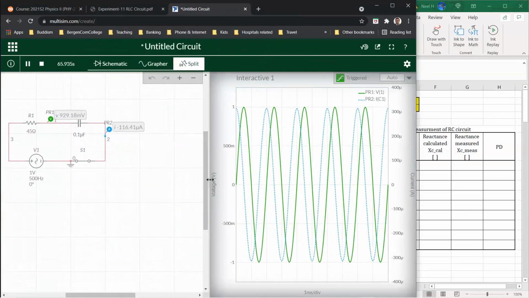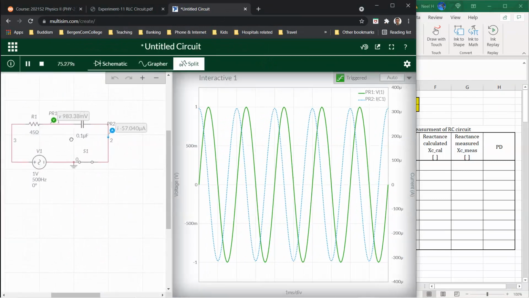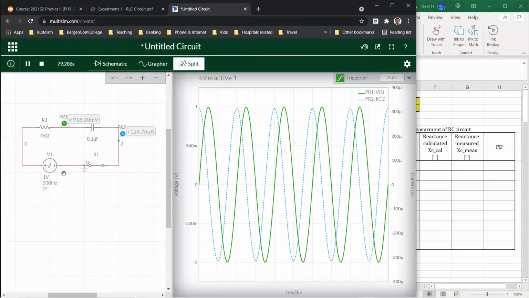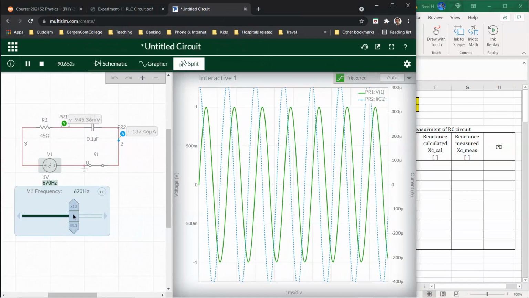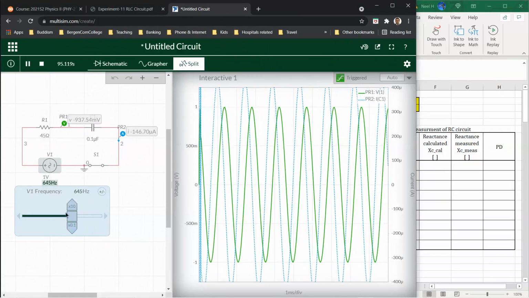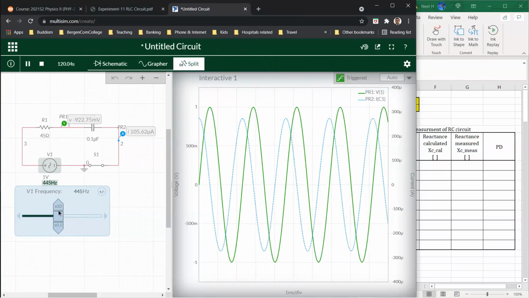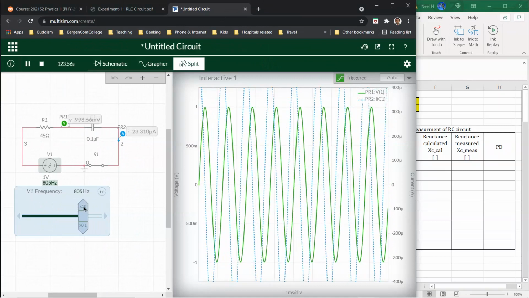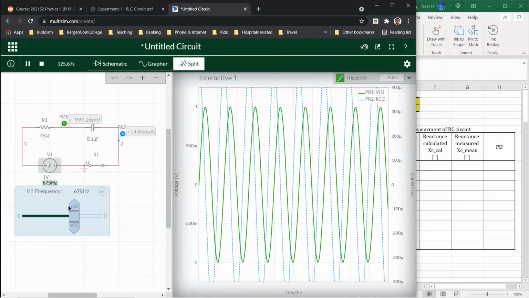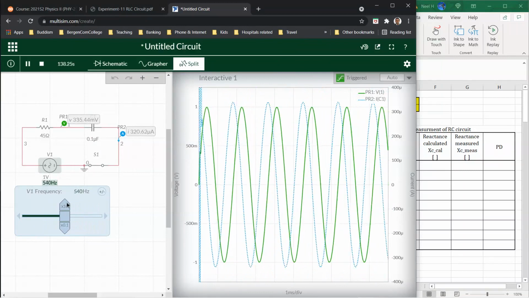Okay. So the only thing I have to do now is take a look at what will happen if I change the frequency. First we'll do that. So we'll change this number slowly. If I change this frequency, even from 100 to maybe the 1000 range, if you look carefully, the voltage maximum doesn't change much.